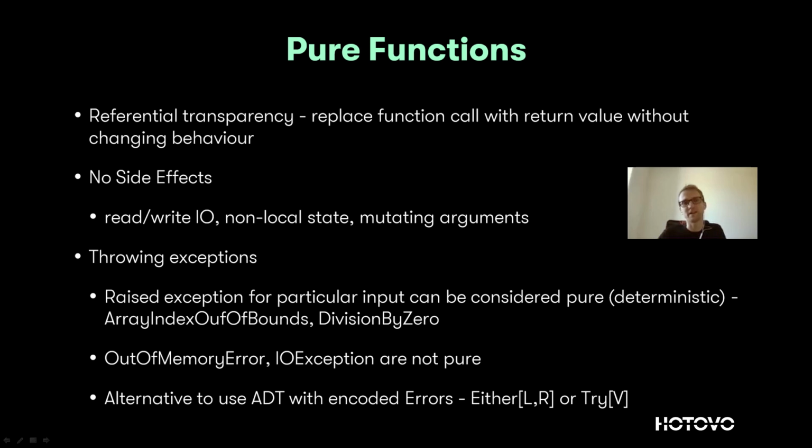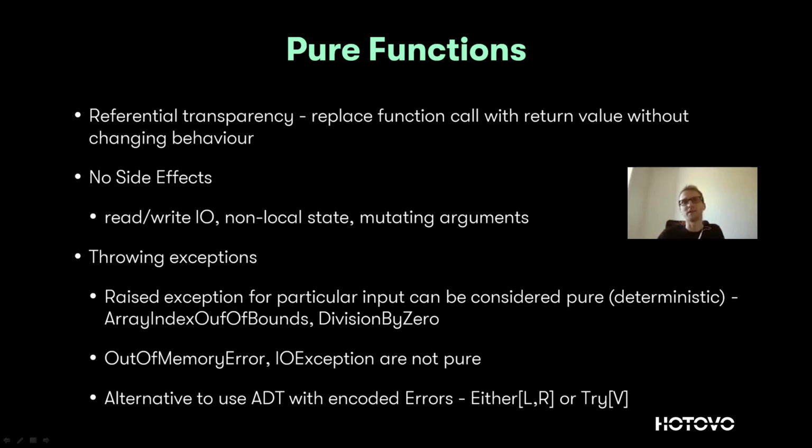The basic property of pure functions is what's called referential transparency. This means that I can replace a function call with the return value, and the behavior of the program wouldn't change. And a pure function doesn't have any side effects. A side effect is a term usually used in functional programming, and it describes an effect on the side.